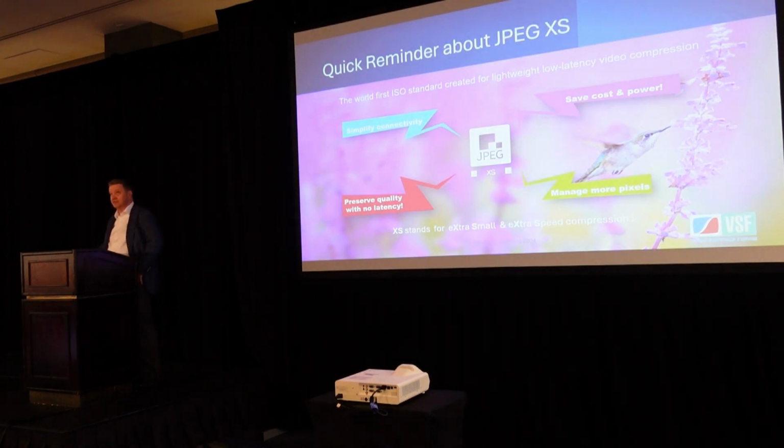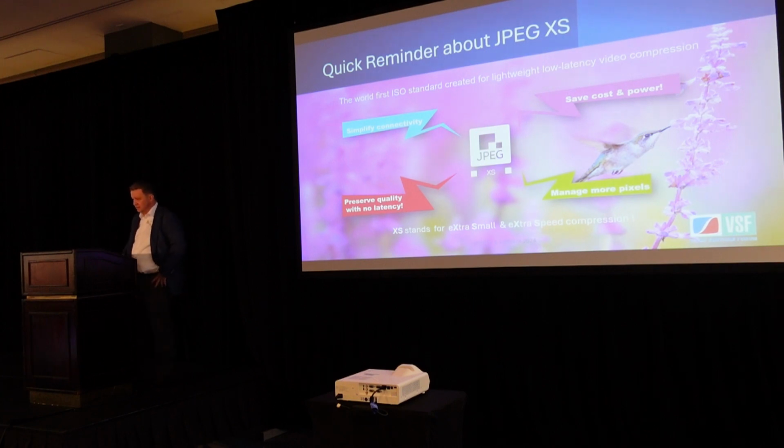When we first started this, in the 2013, 2014 timeframe, the goal was to make a much simpler, less complex, ISO standard compliant, lightweight codec for uncompressed video. At that point, the main one out there was JPEG 2000.